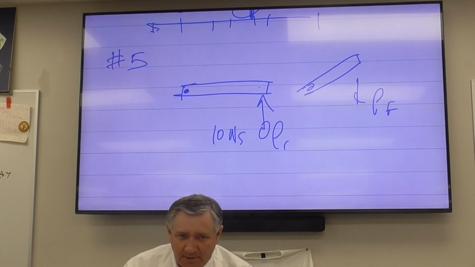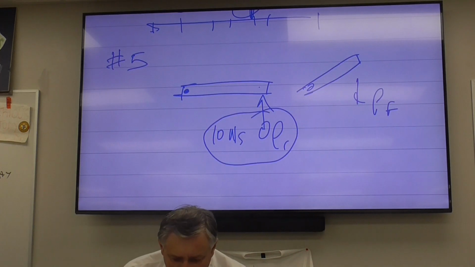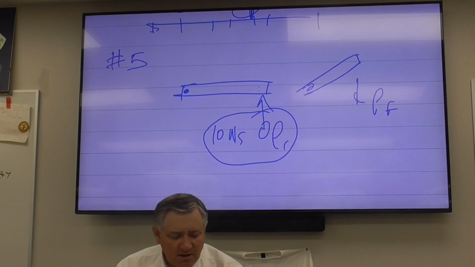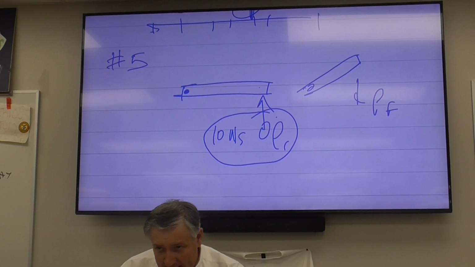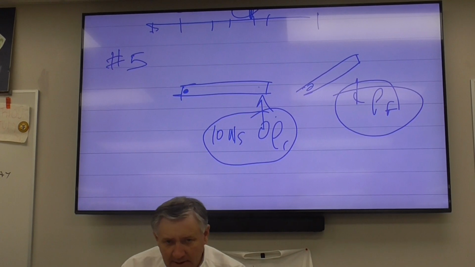But here's the bigger idea. If the initial momentum is 10 Newton seconds, and it says the sphere rebounds along its original line of motion with magnitude of pf, what is the magnitude of the angular momentum of the rod immediately after the collision? If this comes in at 10, when it bounces back, what would be the sign of that momentum?